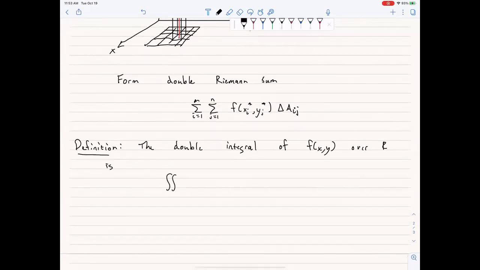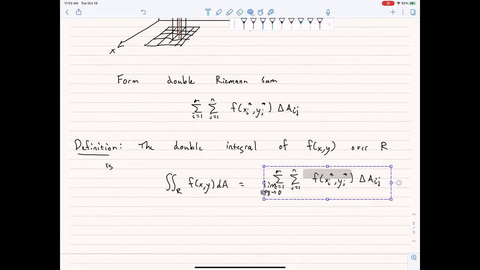Well, it's denoted this. R is the rectangle we're dealing with. And it's the limit as the norm of the partition, which you can think of as the largest area of any rectangle, the largest delta A sub i, tends to 0 of this double Riemann sum.